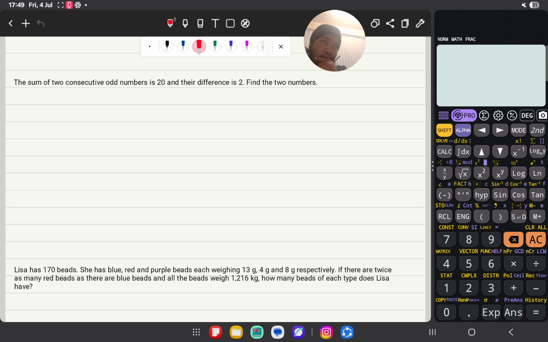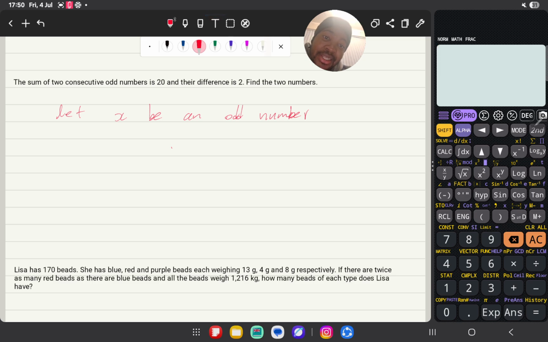Alright, cool. Let's count from 1. 1 is an odd number. We have odd, even, odd, even, odd, even, odd, even, and the difference is 1. So I am thinking we will say let x be an odd number.